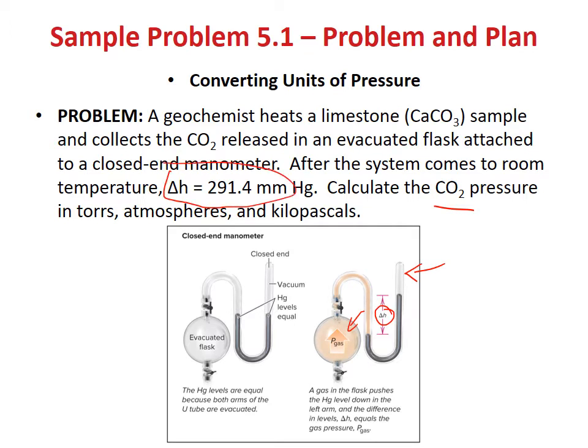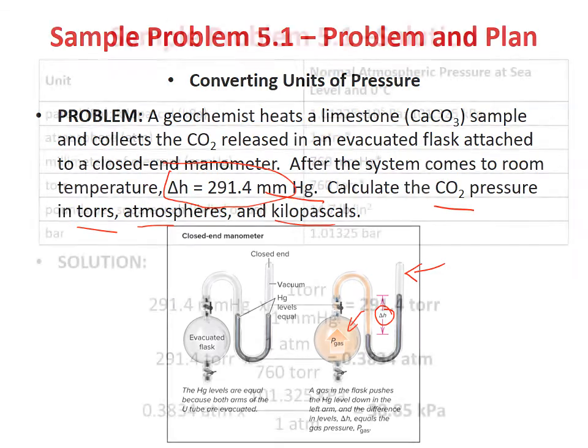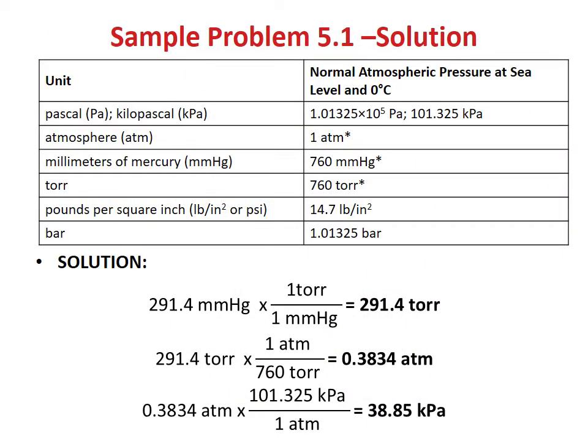Now, it is given in millimeter mercury height. It asks to convert to torrs, atmospheres, and kilopascal. So we need to refer to the last slide's table and use those numbers as conversion factors. We start with the given 291.4 mm mercury height.